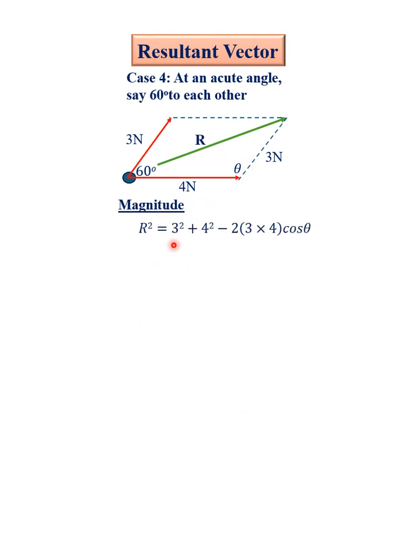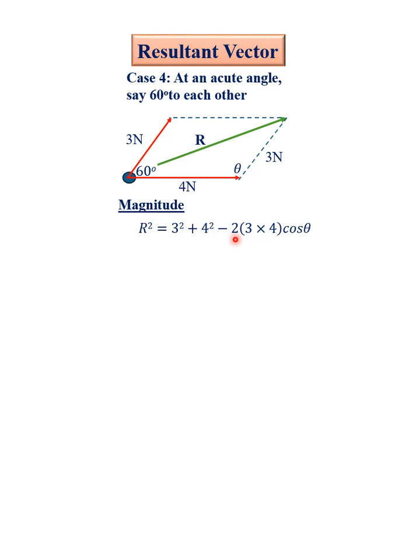This is the cosine rule as it applies to this diagram here. 3 square plus 4 square. It means you take the sum of the square of the two sides we are talking about, 3 square plus 4 square, minus, this minus is part of the cosine rule or the formula, minus 2 times 3 times 4, minus 2 times one of the force times the second force.